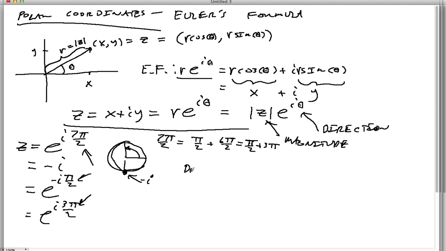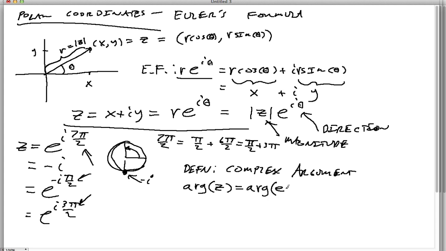So, a new definition: the complex argument. First of all, I'm going to define it as arg with a lowercase a of z. In this case, we've defined it as arg of e to the i 7 pi over 2, and that's just going to return what the angle is. Okay, that's good, 7 pi over 2.